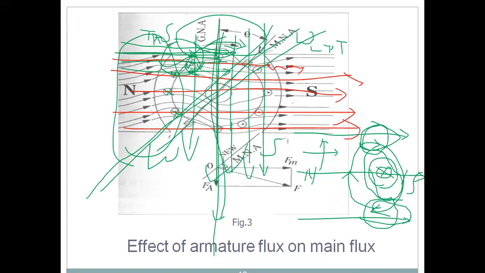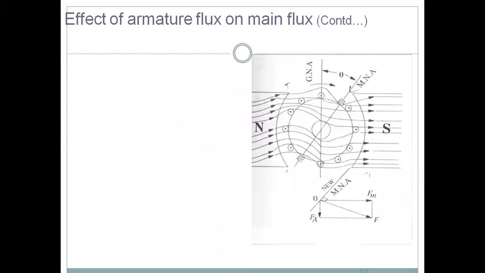When in TPT the flux is strengthening, here also the flux is strengthening, and here the flux is weakening. Due to that, I will show here the flux lines coming here, and it will be like this.